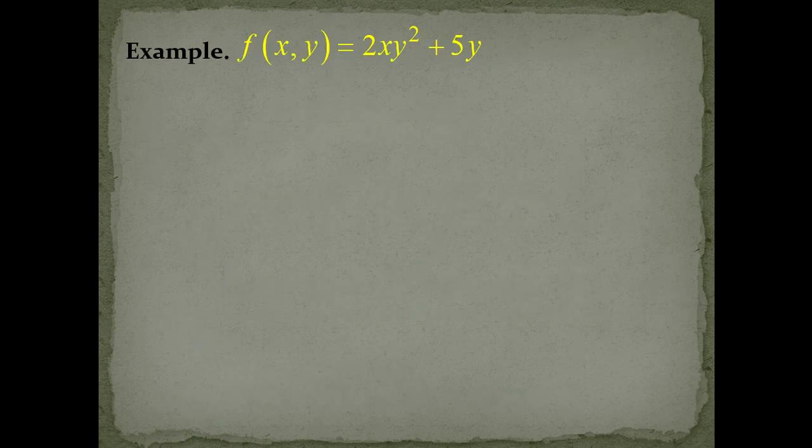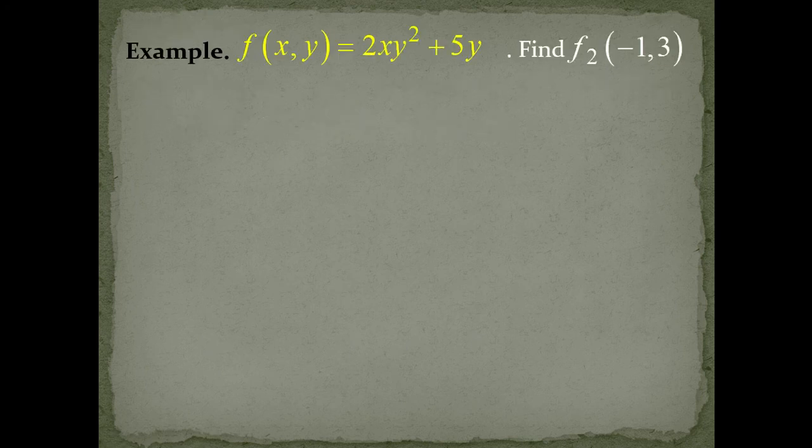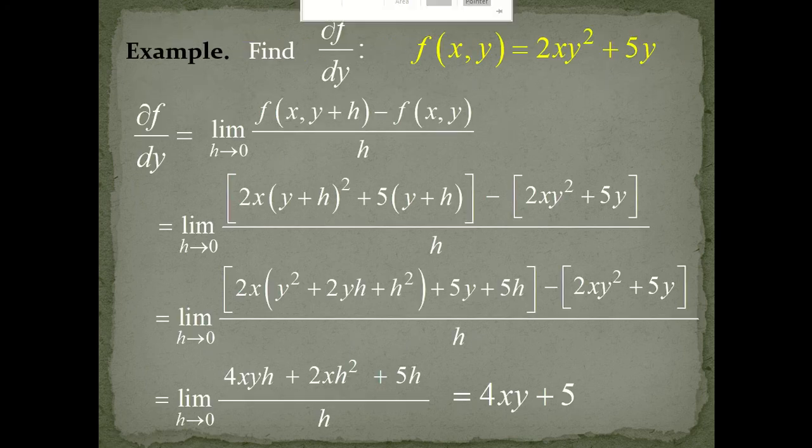Okay, another example. So we are given this expression, and we are asked to find the value of the partial derivative of the function with respect to y at this point. Okay, so you just use the result, because we're given the same function, right?